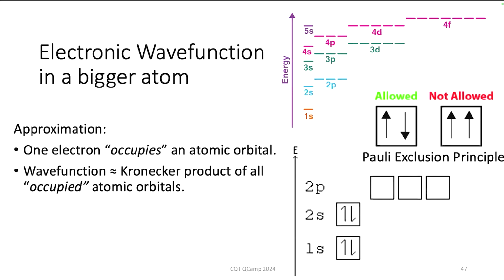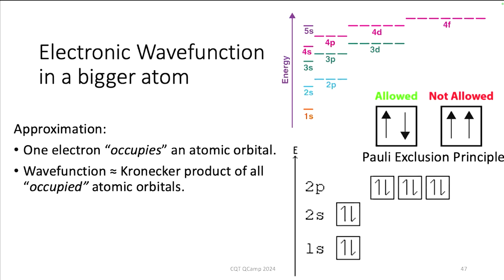So this is one example. You can imagine if there are 3 or more electrons, the wave function is going to be very complicated. So this is just a simple example for 2 electrons.